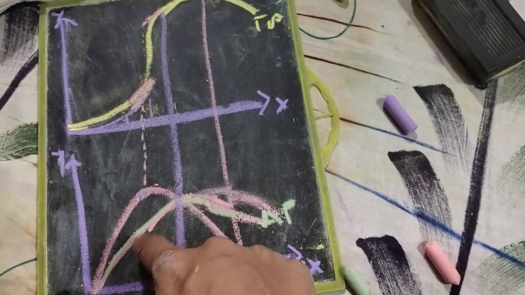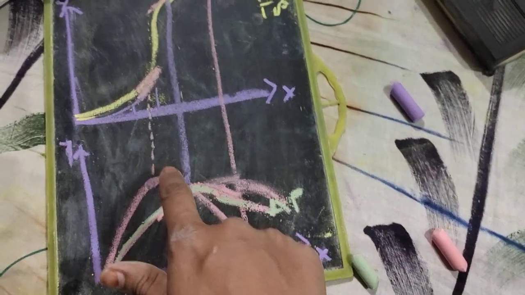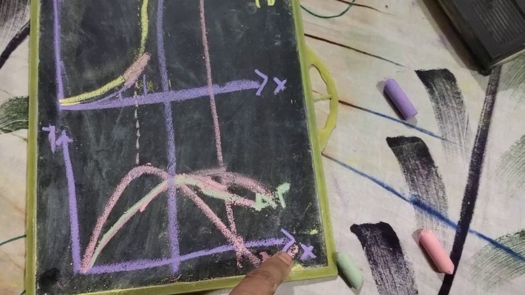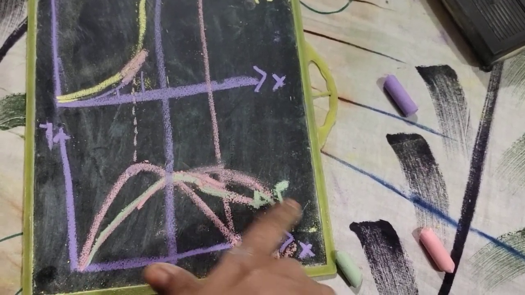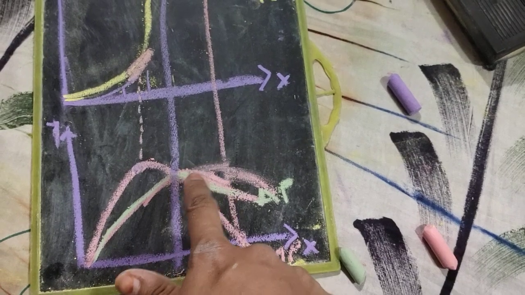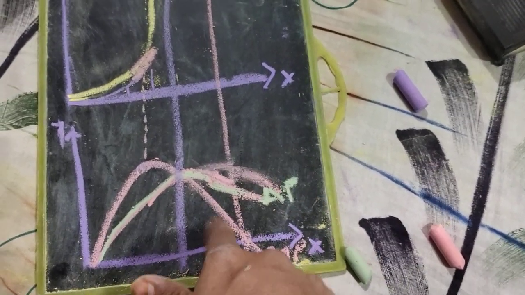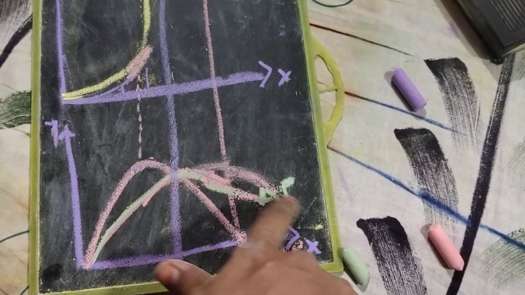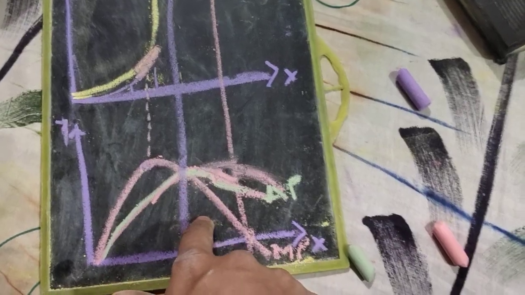What do you see from the diagram? When AP is falling, MP is less than AP. And when AP is maximum, it is equal to MP.